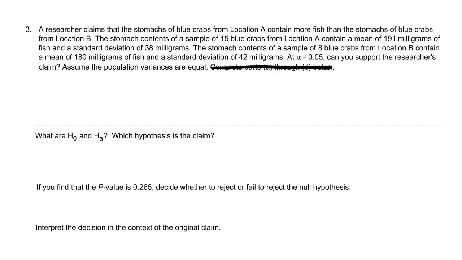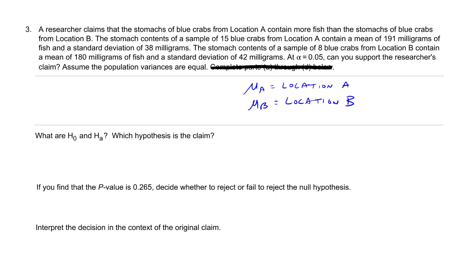Okay, so we'll let mu A be from location A, and let's let mu B equal from location B. So, concerning the stomach contents.